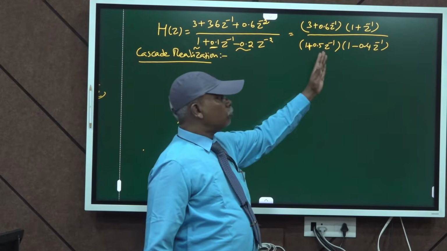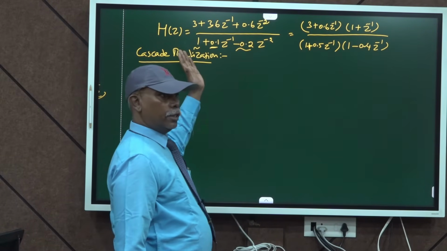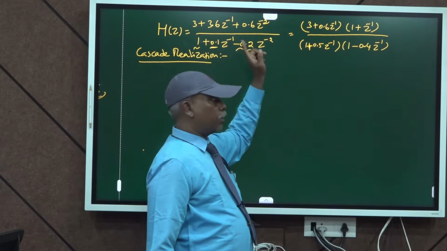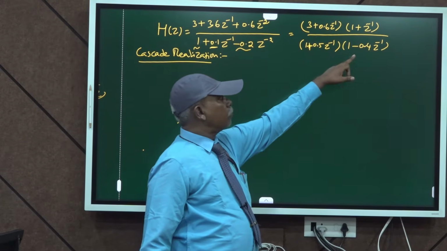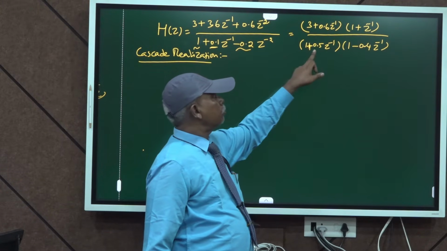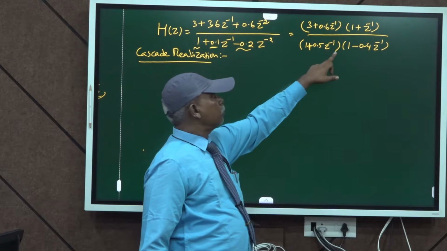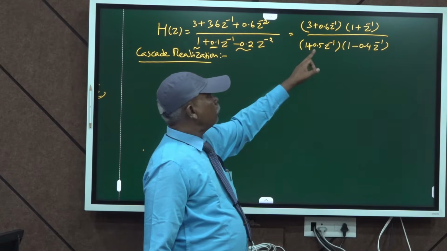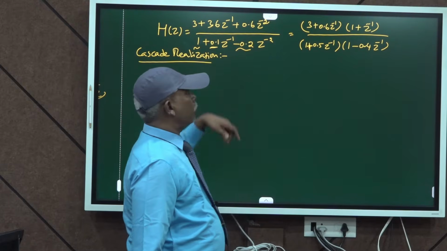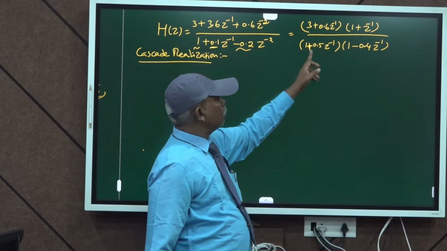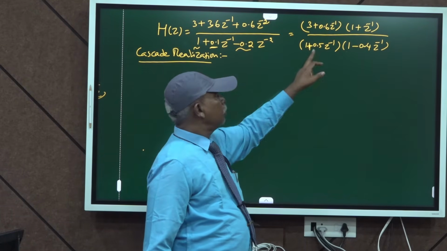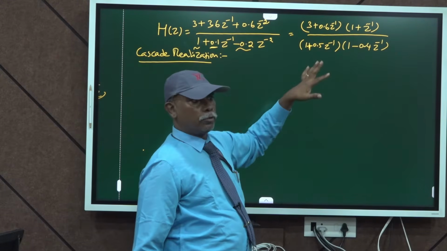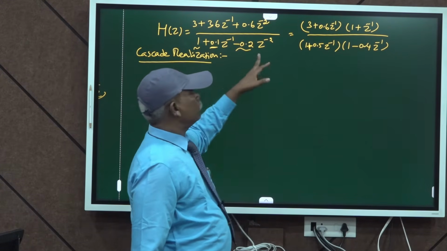Then you multiply the two and check against the denominator. 1 times 1 is 1; 1 times minus 0.4 z inverse is minus 0.4 z inverse; plus 0.5 z inverse times 1 is 0.5 z inverse. Adding both, plus 0.1 z inverse comes. The last term is minus 0.5 times 0.4, which is minus 0.2 z power minus 2.